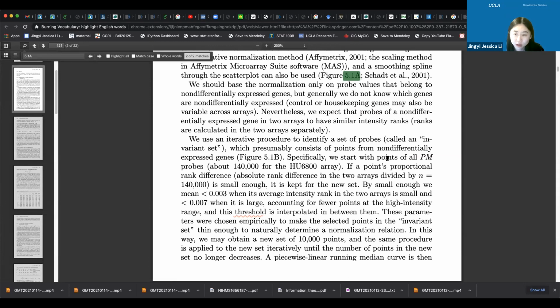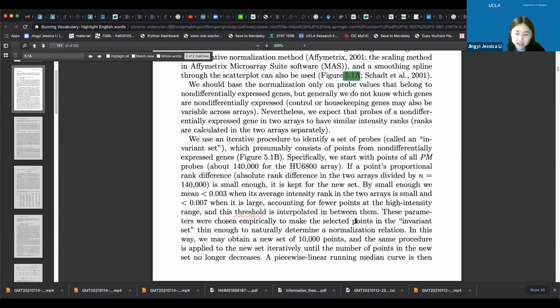Specifically, we start with points of all probes. If a point's proportional rank difference, which is defined as the absolute rank difference in the two arrays divided by the total, is small enough, this is kept for the new set. By small enough, we mean less than this small number, or another number, but this is an arbitrary threshold, which we can adjust.